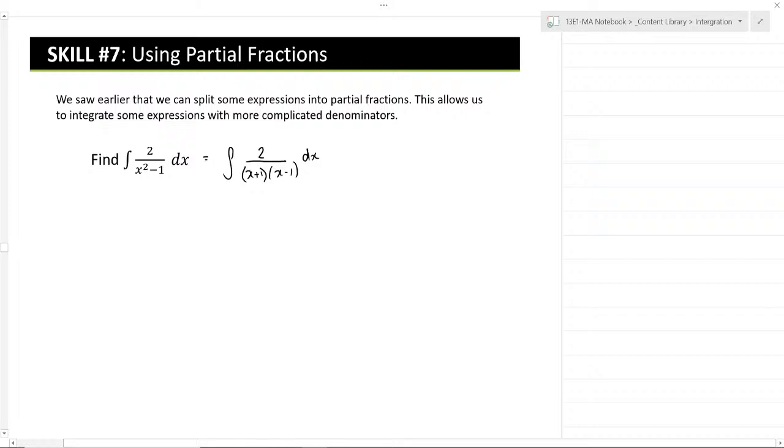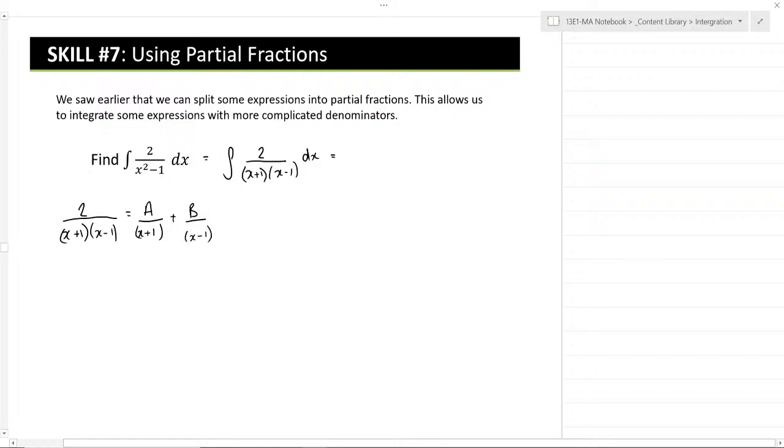So then how do I write that using partial fractions? Yeah. So the first thing I'd do is I'd probably do it on the side actually. So 2 over (x plus 1)(x minus 1) is equal to a over x plus 1 plus b over x minus 1.